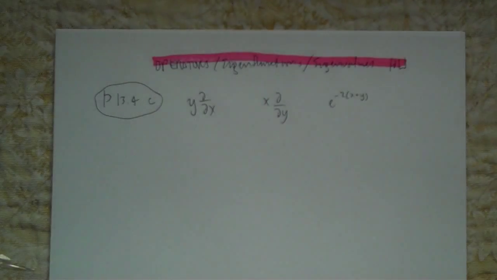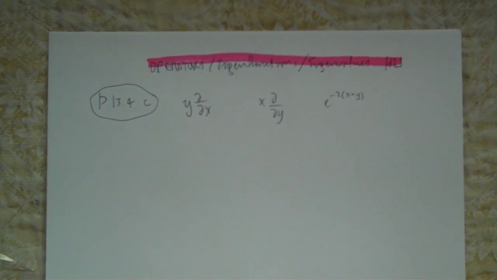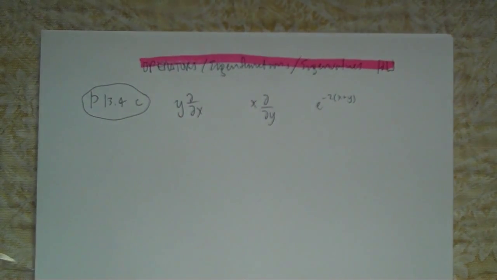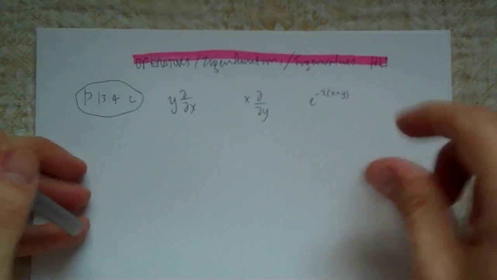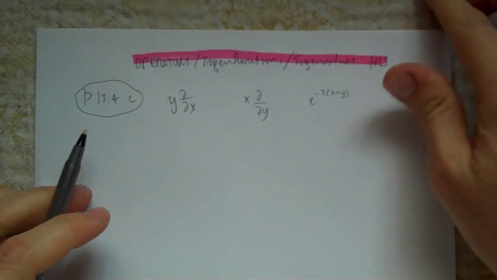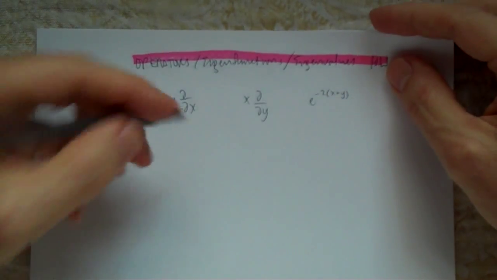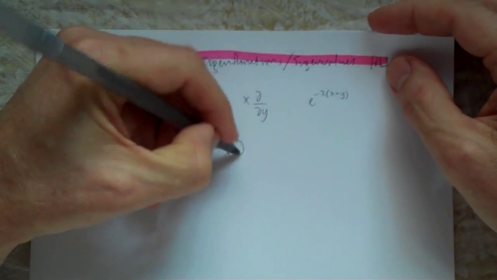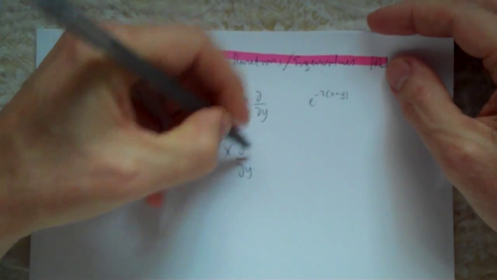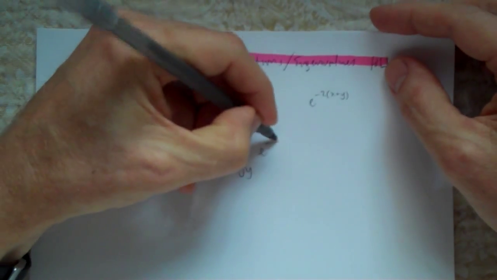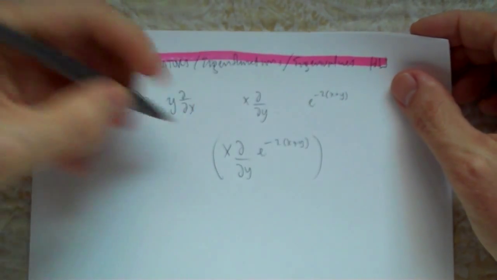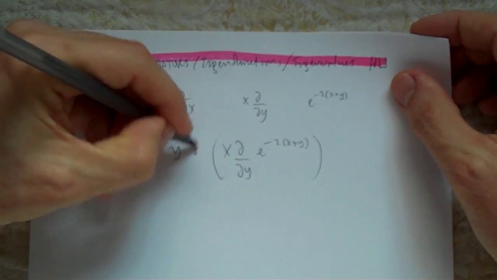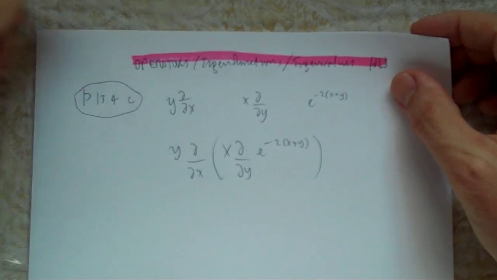So I pre-wrote that out here on this paper. This is part C. And this is the same as saying x d/dy e to the minus 2x plus y, y d/dx, right?